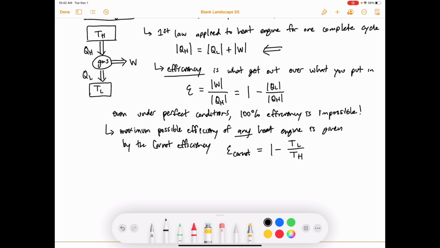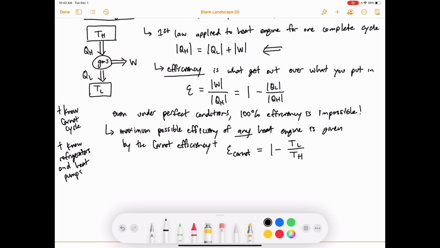So a few things to note. You should know the Carnot cycle. In other words, you should know all the different processes that go into the Carnot cycle and how they fit together. Also, you should know about refrigerators and heat pumps.